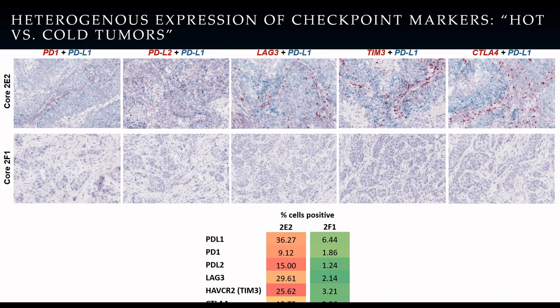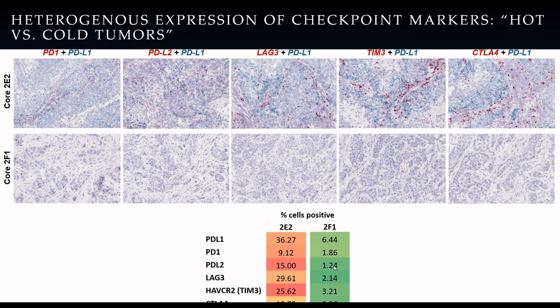Here we are looking at core 2E2, which has a high degree of expression of these inflammatory immune checkpoint markers and inflammatory cytokines. And then we have core 2F1, which has a low degree of expression of these immune checkpoint markers. This is again shown in the quantification data at the bottom of the page.